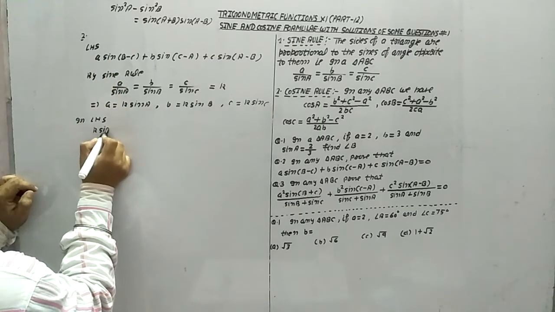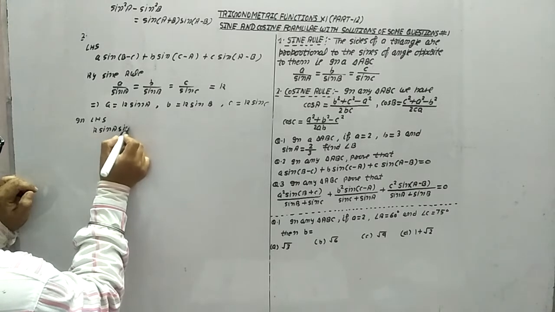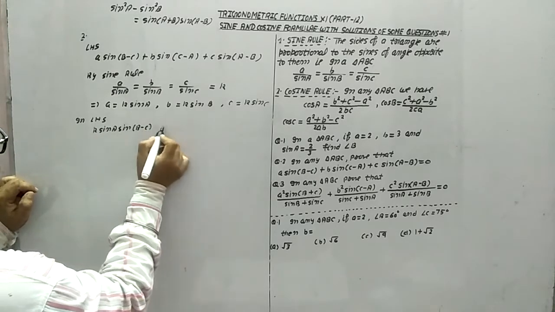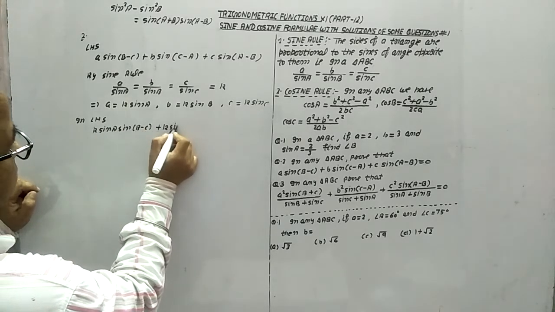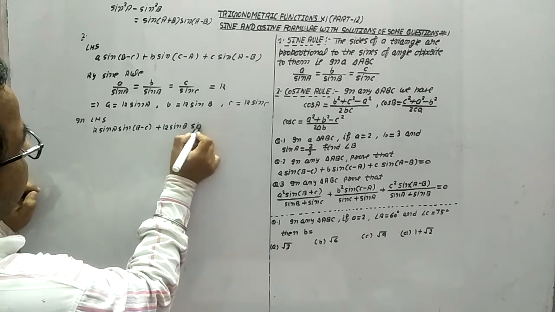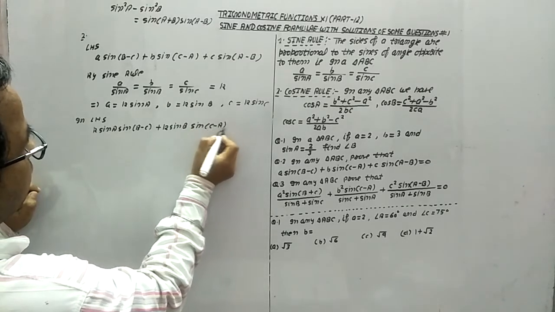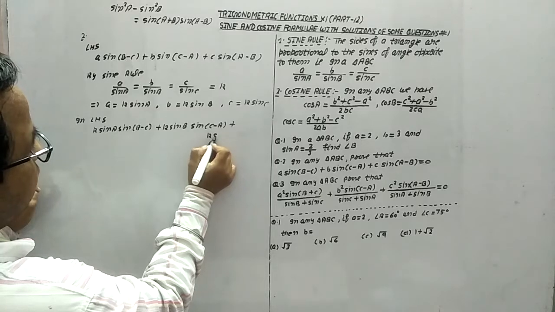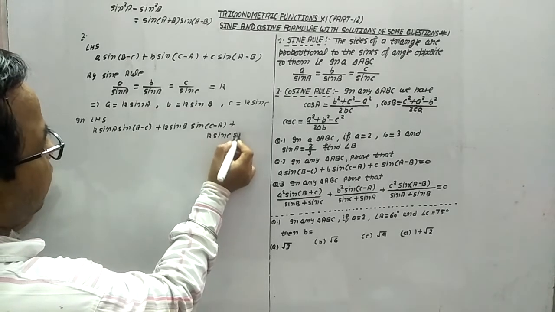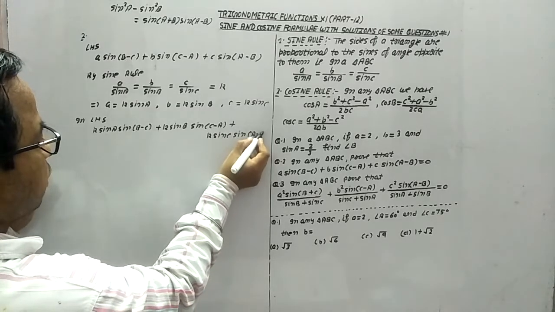Now in the left hand side, substitute the values. It means k sin A sin(B minus C) plus k sin B sin(C minus A) plus k sin C sin(A minus B). Now look at this.